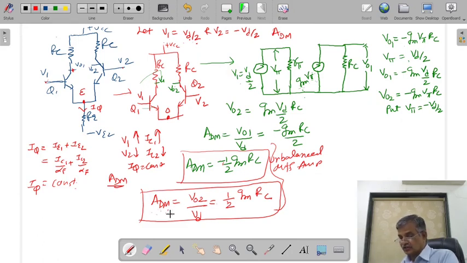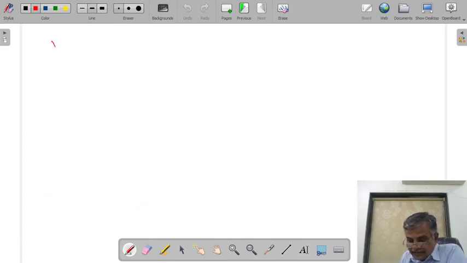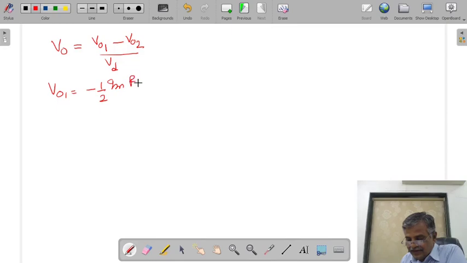Now someone says, no, I want to find this equation for the balanced differential amplifier. So let us write it for the balanced one. For the balanced differential amplifier, ADM is VO1 minus VO2 upon Vd.